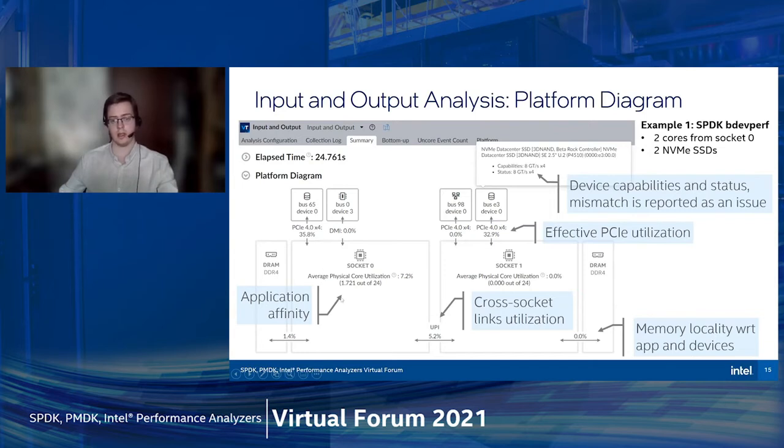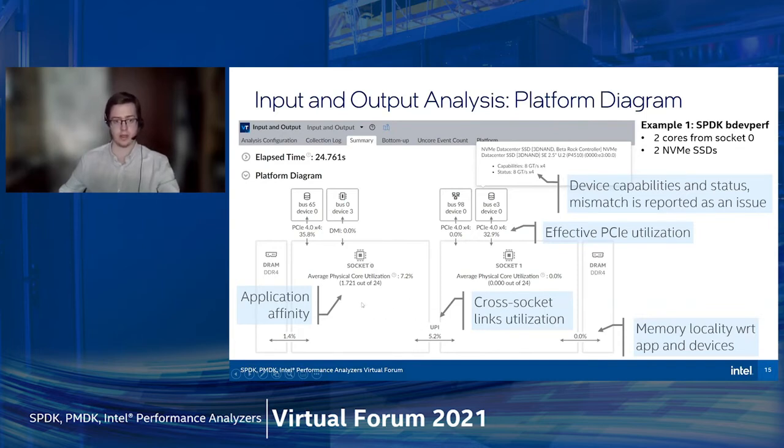So you see here DRAM utilization, and you see how it differs across the sockets. For example, in this case, all the memory was allocated on socket 0, so I see that I have bandwidth only here. We see the application affinity, because when you run the analysis against your application, for example, attaching to the running process or launching the application, all the numbers will be filtered out for this particular application.